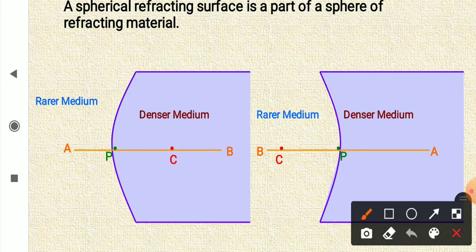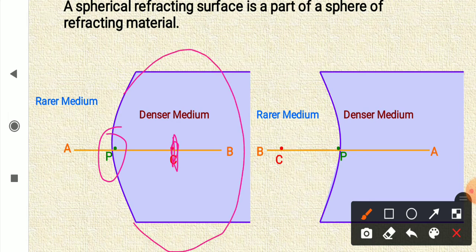Similarly, here this is the center of the spherical surface, which is called pole, and if I complete this sphere, then its center is the center of curvature, and the line joining these two becomes the principal axis, right?